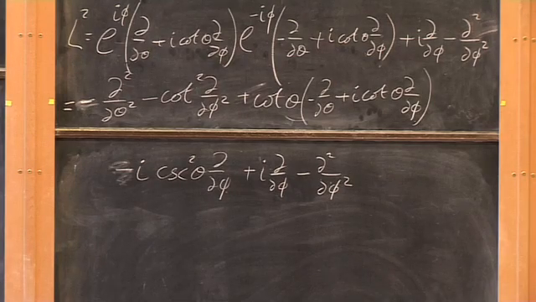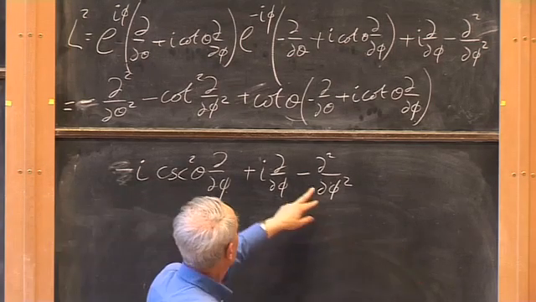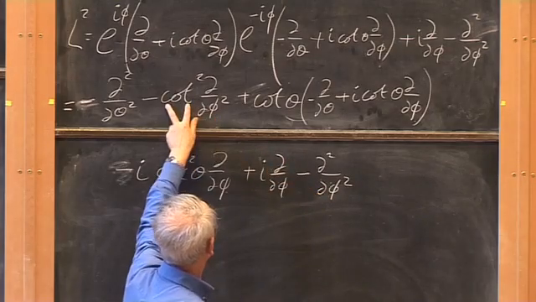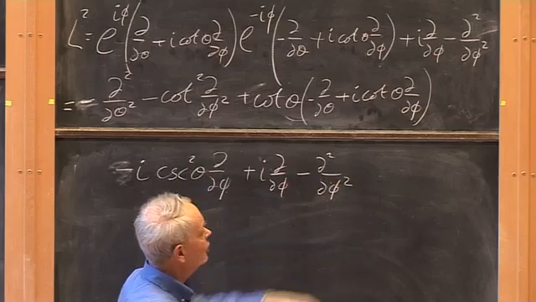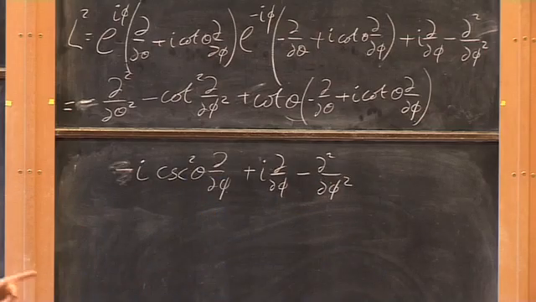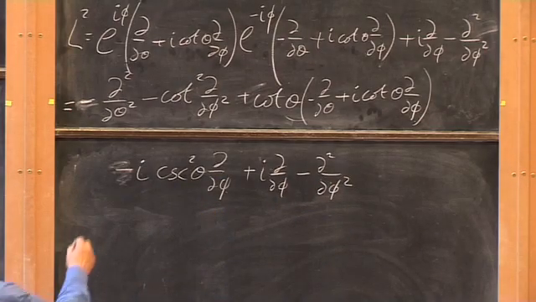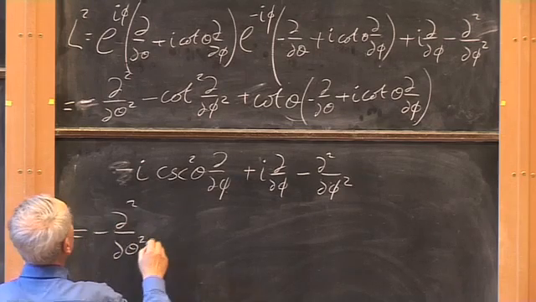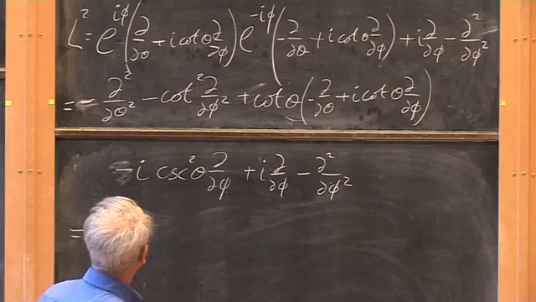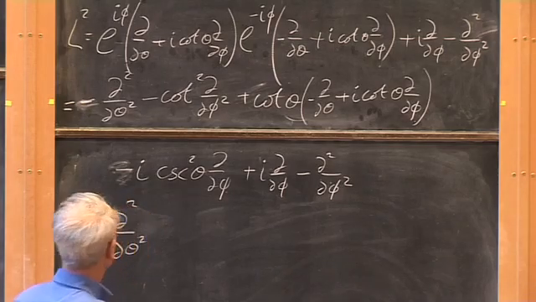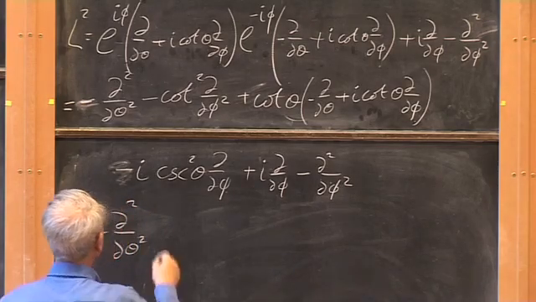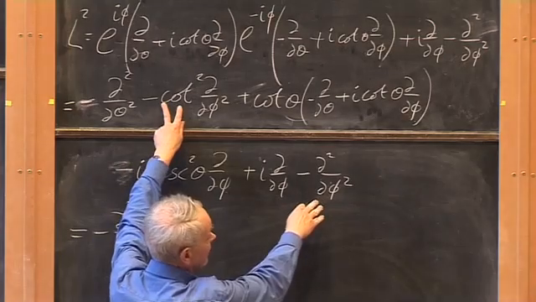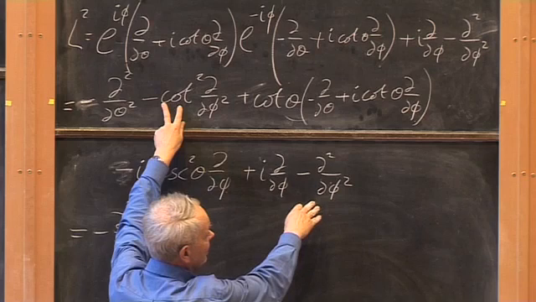Then I also can use this identity to consolidate this double derivative and this double derivative. So we have a cot squared and a 1, and I can trade it in for a cosec squared according to that formula there. So we end up with minus d2 by d theta squared. They both carry minus signs, which means I have to have them on the other side.